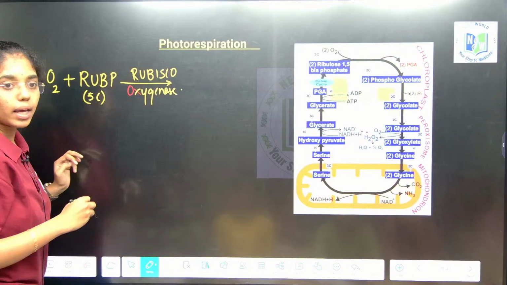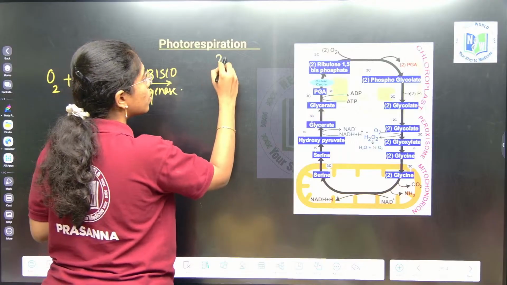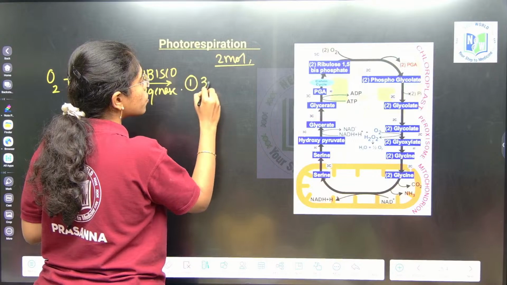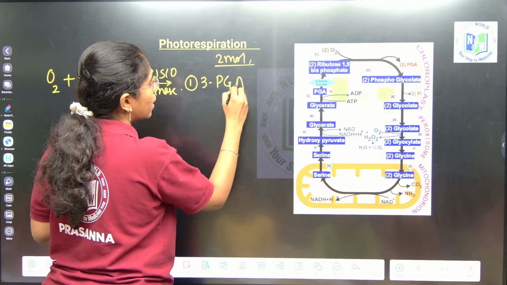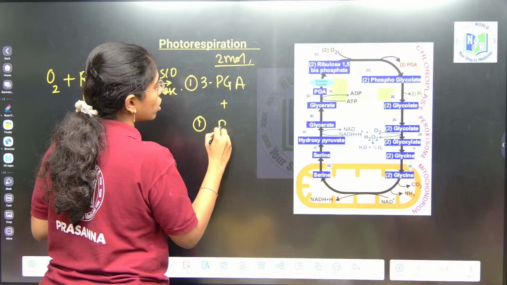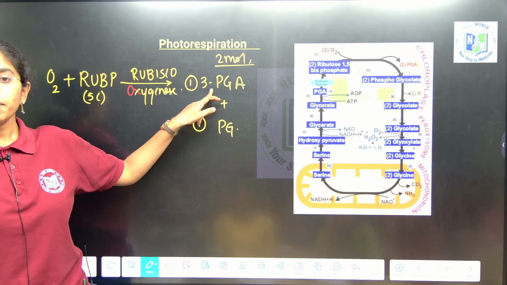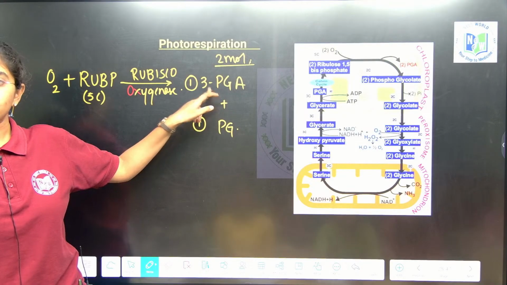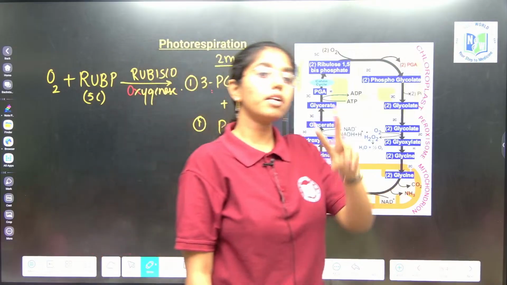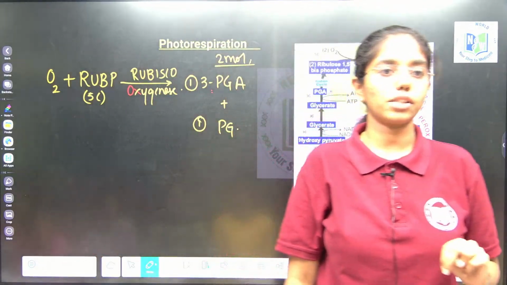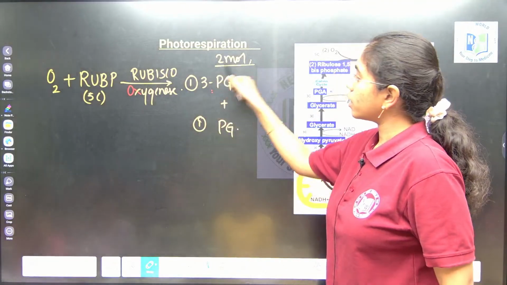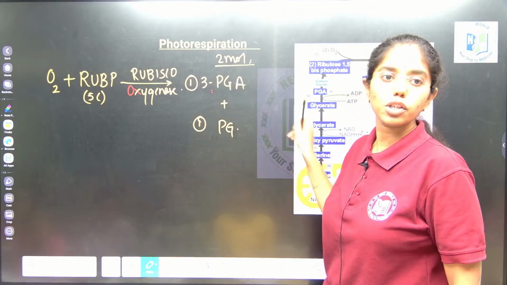Okay, and this forms two molecules: one 3-phosphoglyceric acid and one molecule of phosphoglycolate. One molecule of 3-phosphoglyceric acid will not do anything. To get reduced, 2 molecules of 3-phosphoglyceric acid should be there. Here only one 3-phosphoglyceric acid cannot run the show easily.